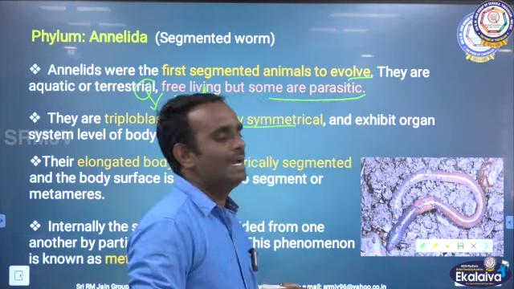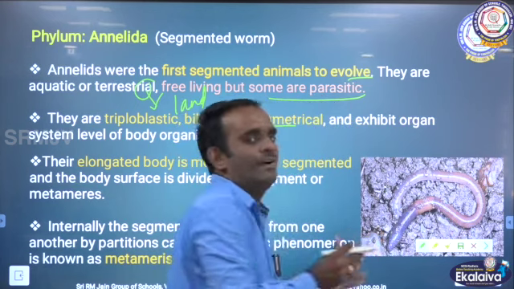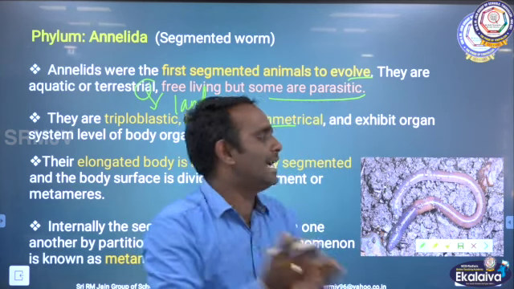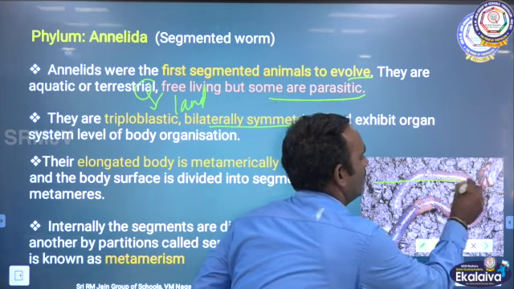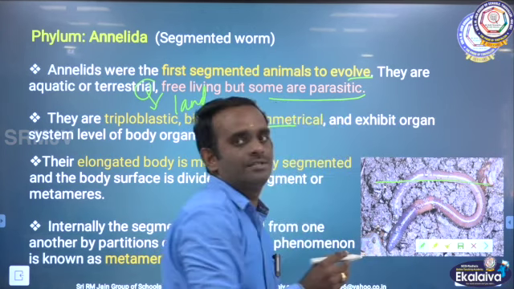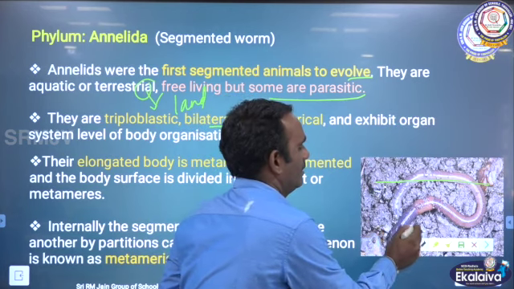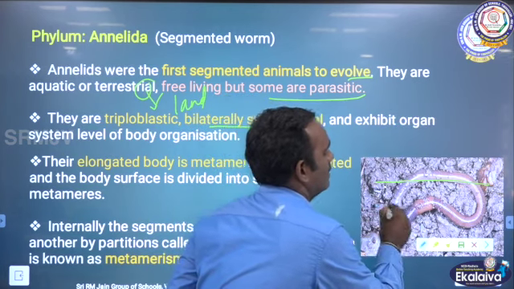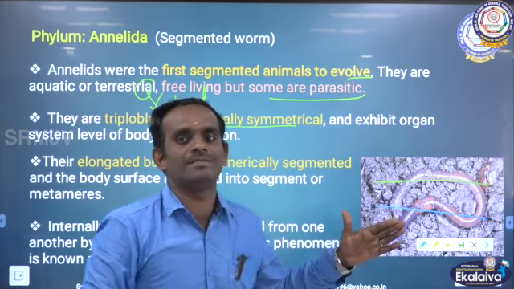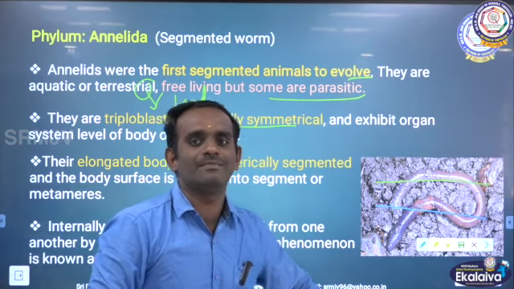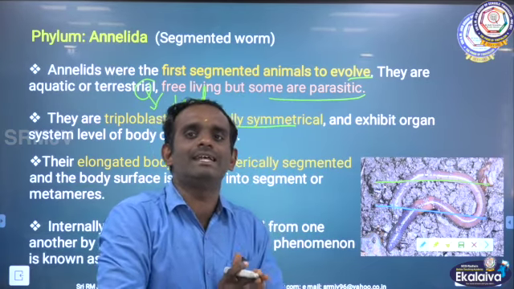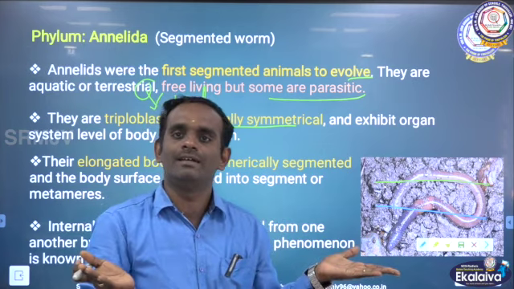A plane of angle passing through the central axis cuts the organism into 2 parts, left and right. That is called bilaterally symmetrical. Can you get my point?